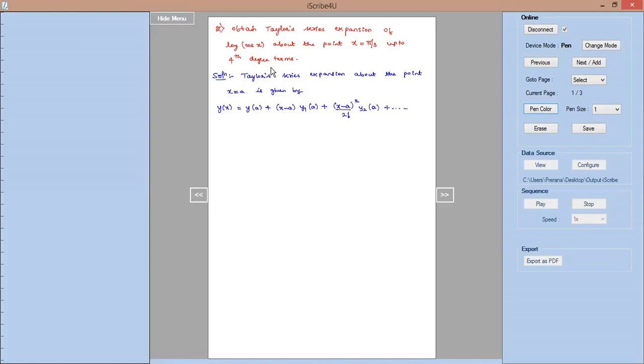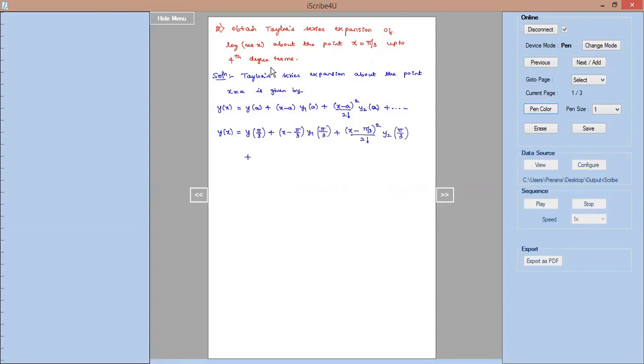Of course, we have to find out until the 4th degree term. Now it is about the point a equal to pi by 3. So the formula can be rewritten as y of pi by 3 plus (x minus pi by 3) into y1 of pi by 3 plus (x minus pi by 3) the whole square divided by 2 factorial into y2 of pi by 3.